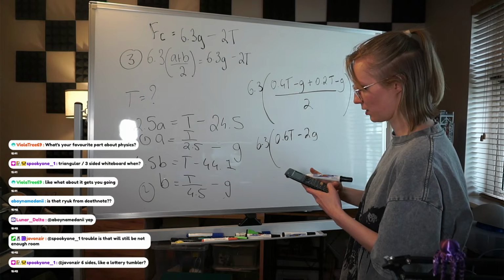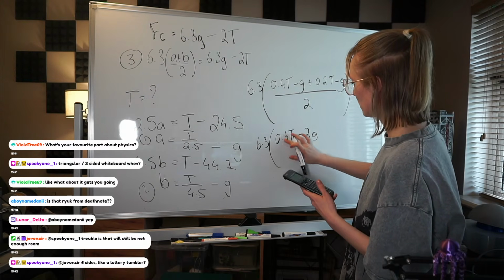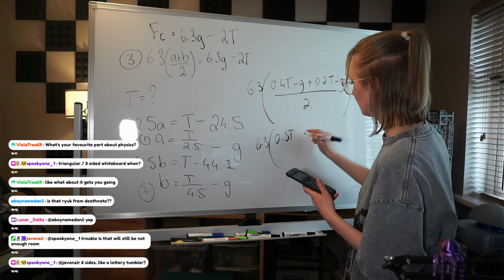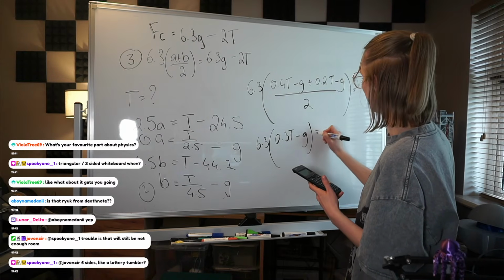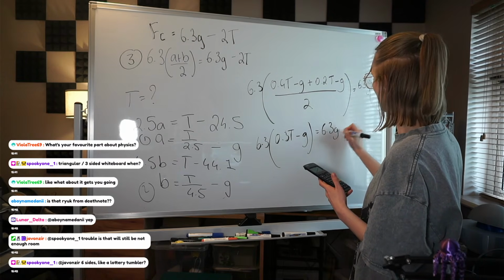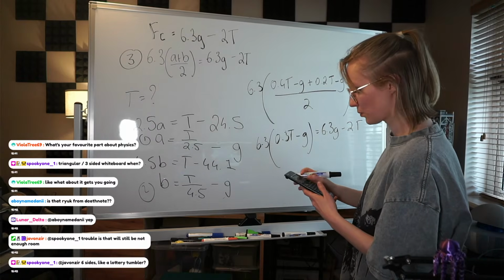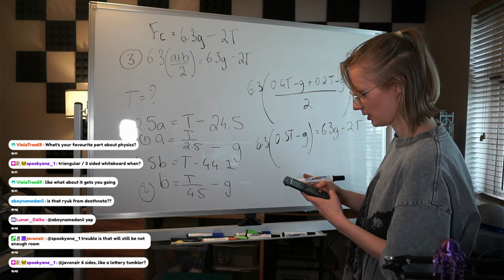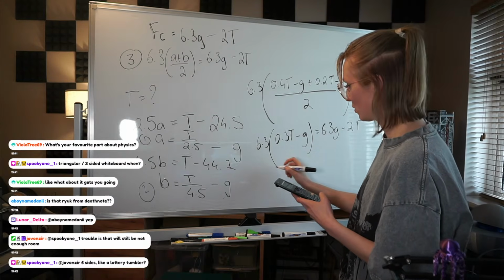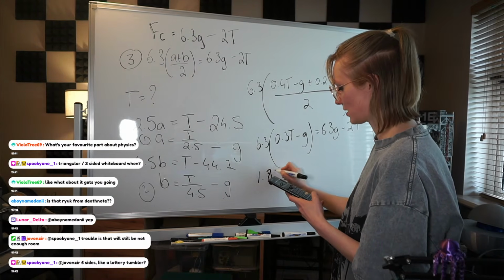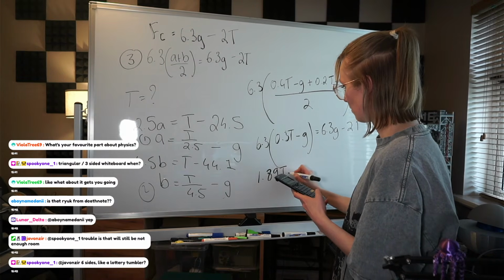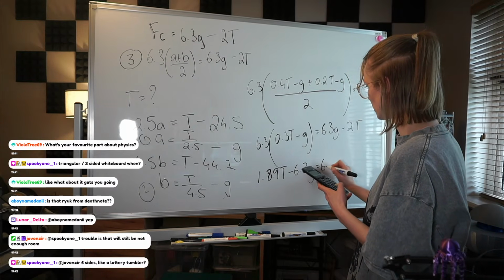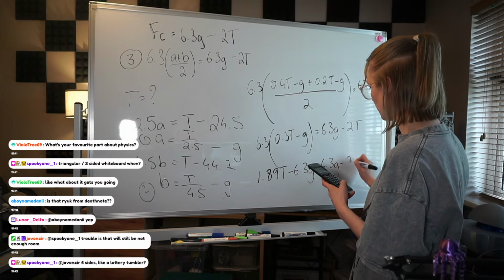So that becomes 0.3t minus g. 0.3 multiplied by 0.3 becomes 1.89t minus 6.3 is equal to 6.3g minus 2t.